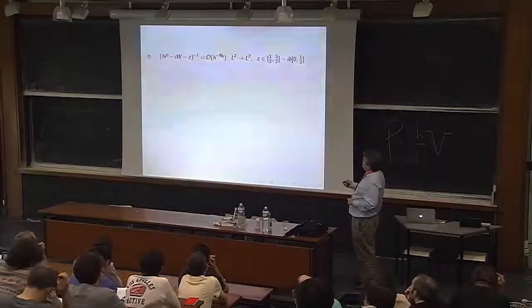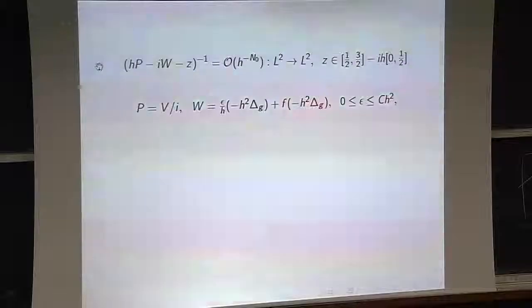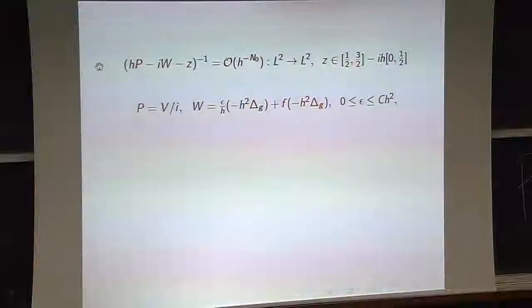So we have now an estimate like this with this W. And if we go back, the W that I'm going to take is our Laplacian, because epsilon over h now is of size h. So this is a lower order term. This does not affect my definition of the trapped set, because the trapped set is only defined using the principal symbol of this operator.